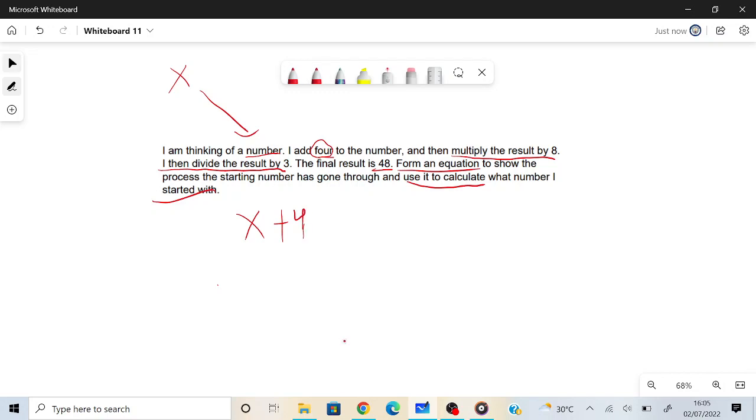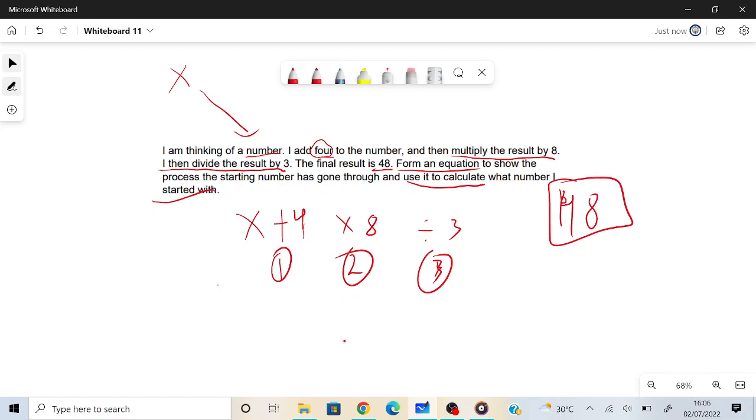Then the person multiplied the result by 8, so times by 8 is next. This is the first step he did, this is the second step, and then he or she again divided the result by 3, so divided by 3. That's the third step. And the person says that after all this, the answer he got was 48. 48, not 148, but 48.